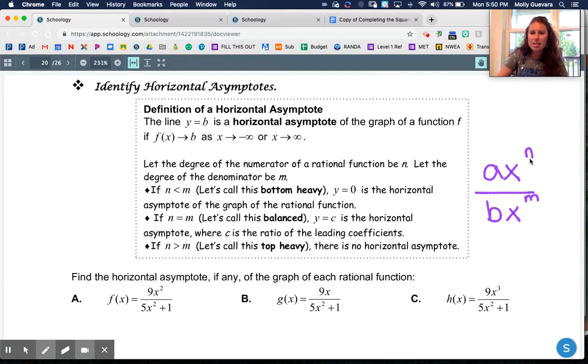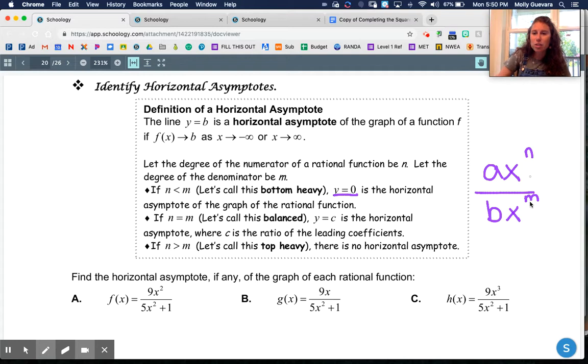If N is smaller than M, we call it bottom heavy. So if the exponent on the bottom is bigger than the top, it's bottom heavy. And if it's bottom heavy, y equals 0 is the equation of the horizontal asymptote. It's right there on the x-axis. Okay?